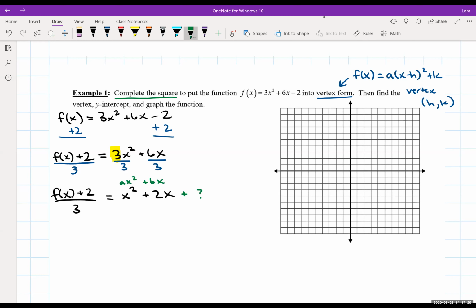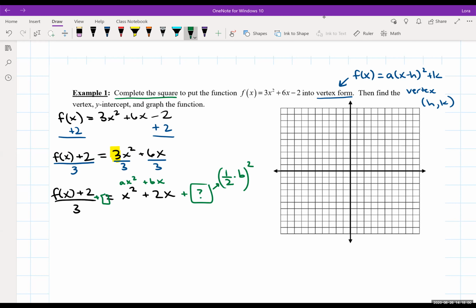We take half of the coefficient of the linear term, that's half of b, and then we square it. That is the missing constant that we add to both sides of the equation. I'll do that in a second. I'll put a little square there to remind myself I'm going to have to do it here too. I'm running out of room, but we'll work with it.